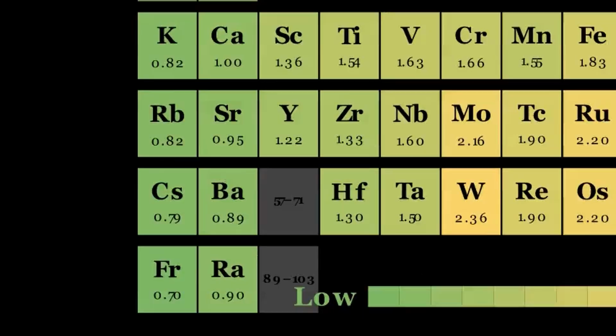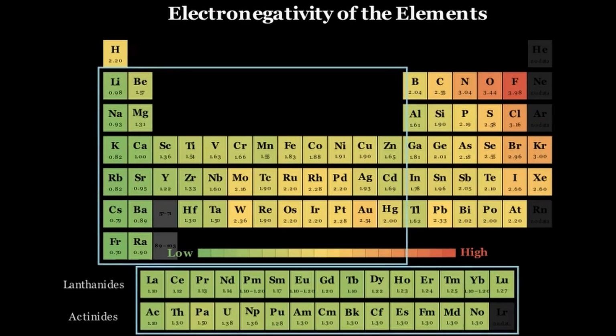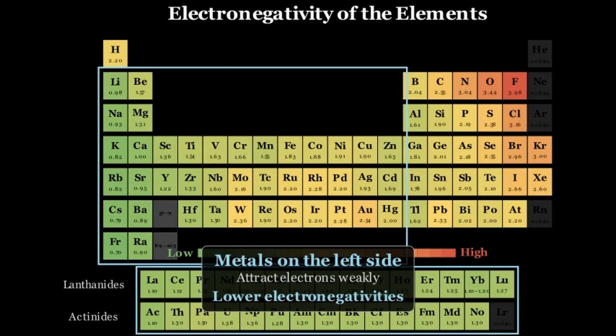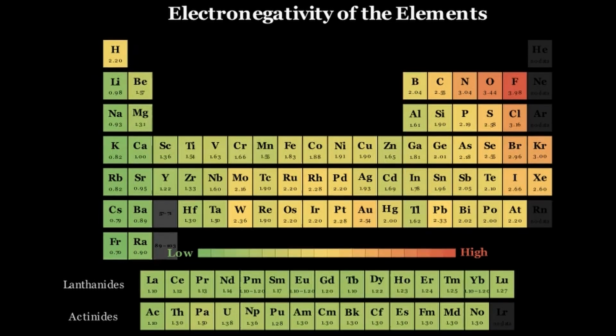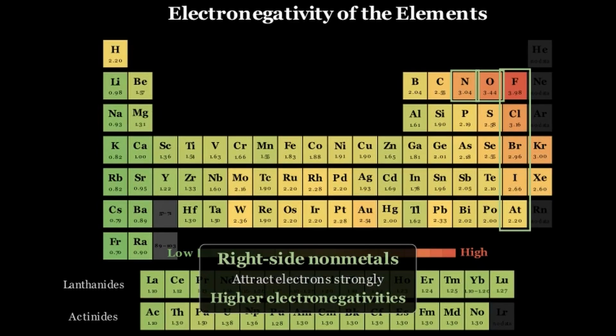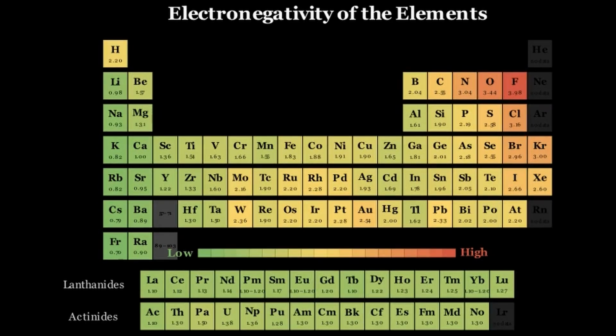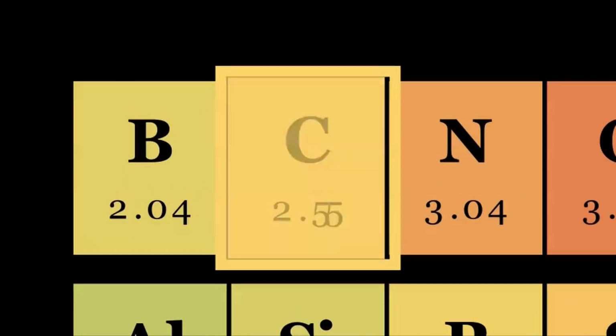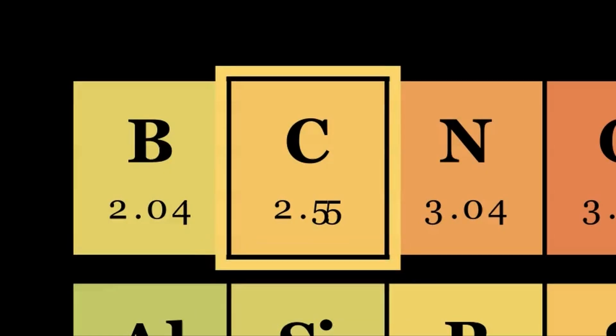Metals on the left-hand side of the periodic table attract the electrons weakly and have lower electronegativities, while oxygen, nitrogen, and halogens on the right-hand side of the periodic table tend to attract the electrons most strongly. Carbon, the most important element in organic compounds, has an intermediate electronegativity of 2.5.